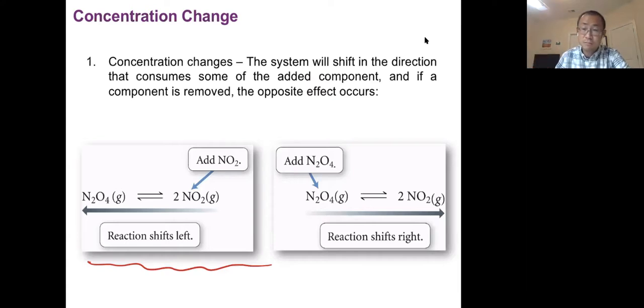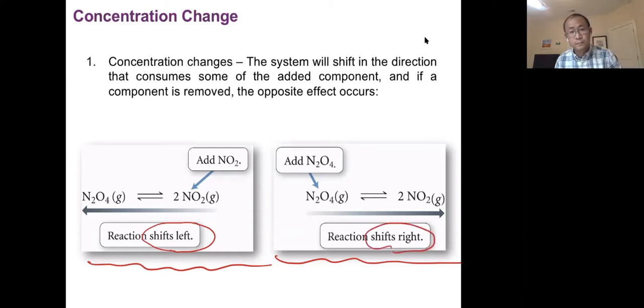Why? Because it's not taking away the stress, it's reducing the stress. So when you add product, the equilibrium will move to the left. We call it shifting left. When you add reactants, just like adding water to the big tank, the equilibrium will shift to the right. Does it make sense, guys?